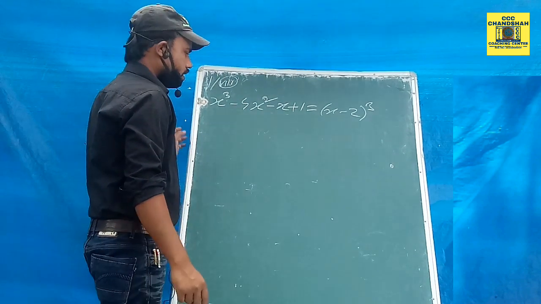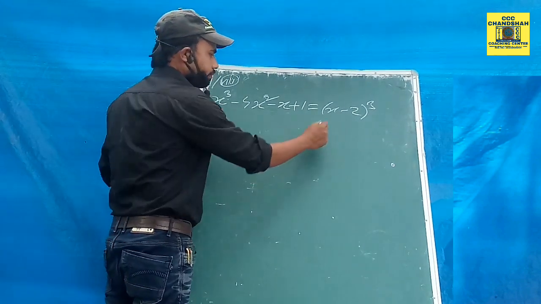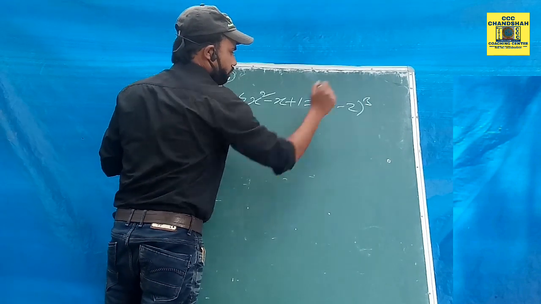So like the earlier one, what could you see? You could see x minus 2 whole cube.